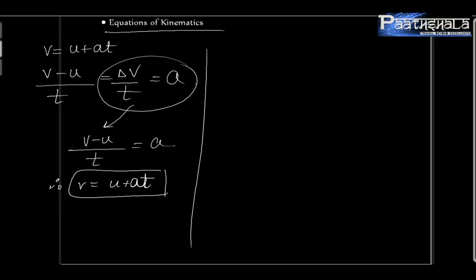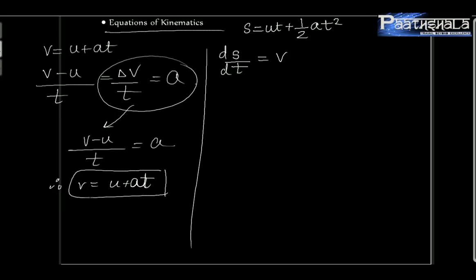let us look at now the second equation. What is the second equation? s is equal to ut plus half a t square. Now what we do know is ds upon dt is instantaneous velocity, right? Let us say a particle moves from initial time to final time and covers a distance s with constant acceleration.